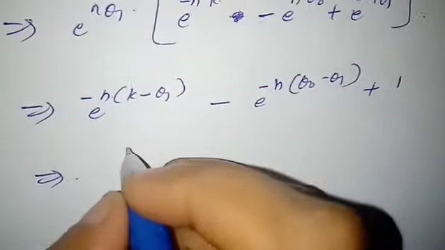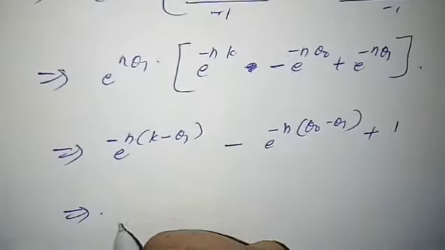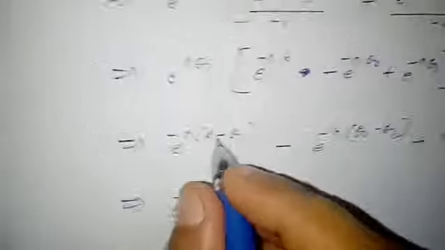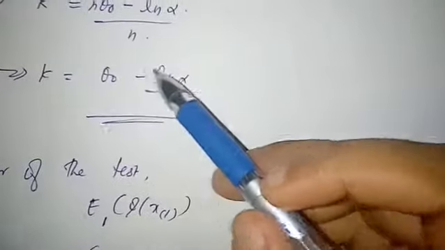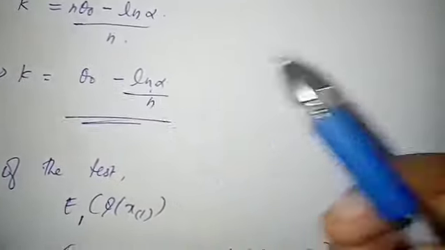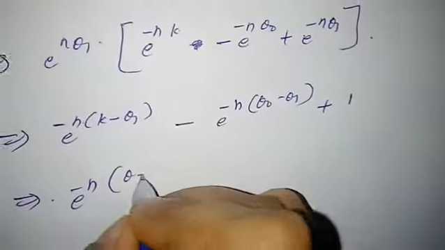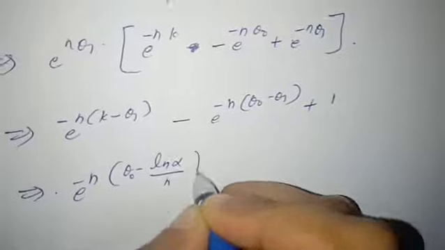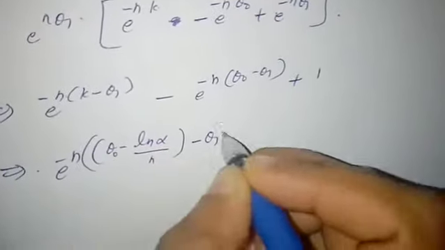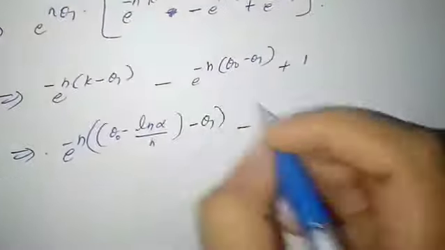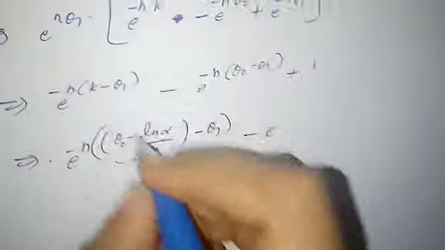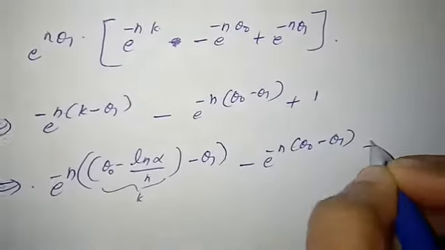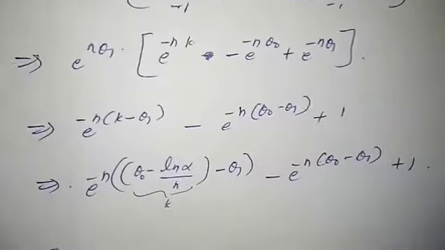Which implies e power minus n, we know the value of k. From the size of the test we obtain the k value, that is theta naught minus ln alpha divided by n. So e power minus n into theta naught minus ln alpha divided by n minus theta 1, minus e power minus n theta naught minus theta 1, plus 1.